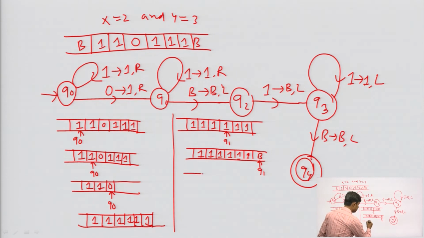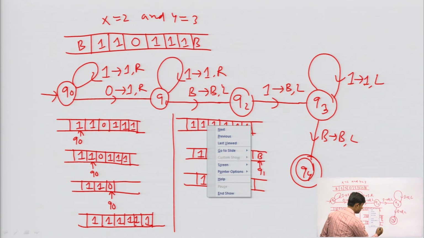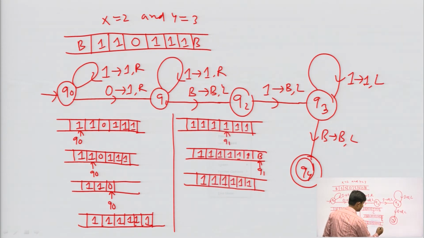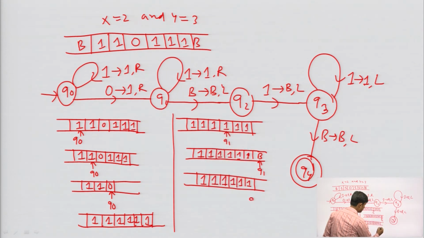So what you have to do here: this is 1, 1, 1, then 1, then 1, then 1. Q2 will point to this one.